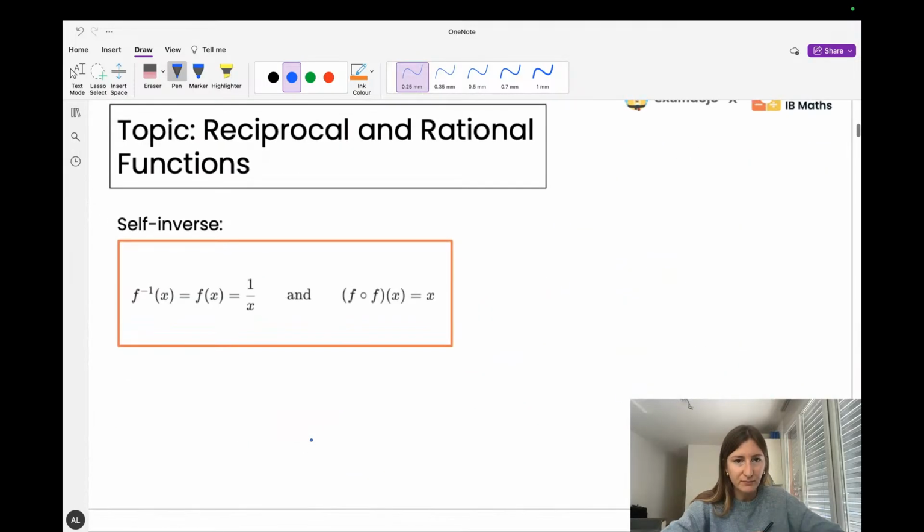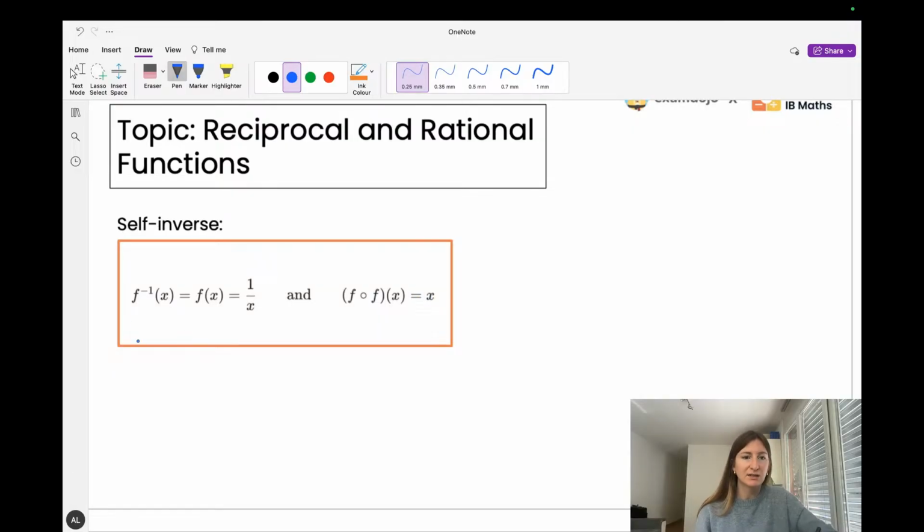A couple of things that are important to note and that you are expected to know is that it's a self-inverse function. So the reciprocal function is a self-inverse, and you can check that out. We also have this property that if you have the function within itself, a composite function, f of x within f of x, you get x.